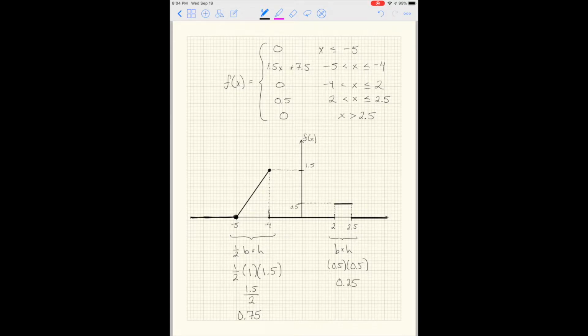And as expected, if I add those two areas together, then the total area is going to be 0.75 plus 0.25, which equals 1. And that is exactly what I wanted, right? So this is a PDF. So you just trust that we got that right.